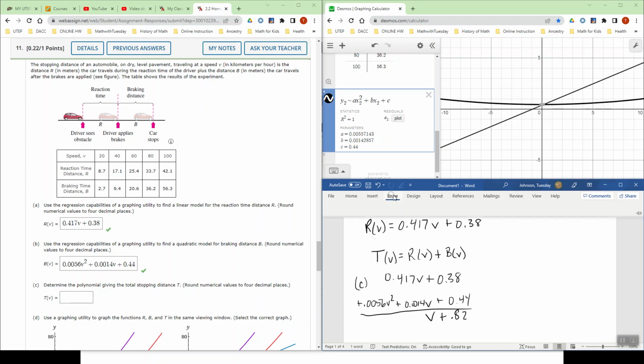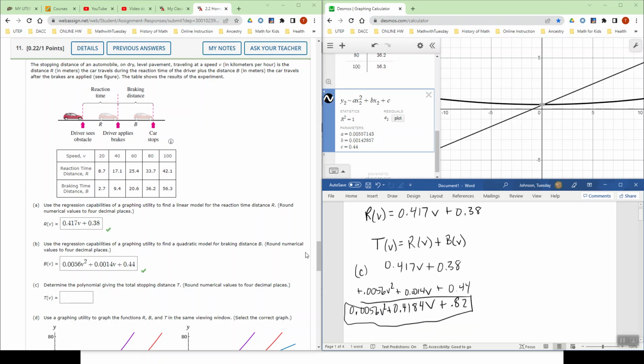When I'm adding, that's a 4, that's an 8, 1, 4, and our 0.0056 V squared. This is the answer that I'm typing in for C, but I'm not going to type it.